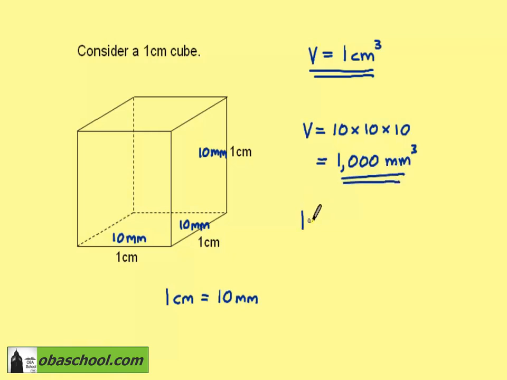It follows that 1 centimeter cubed is equal to 1000 millimeters cubed. Once again we can see that knowing the length conversion plus the method enables us to find the volume conversion.